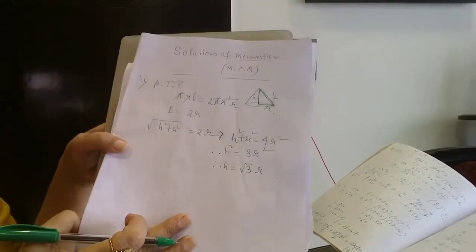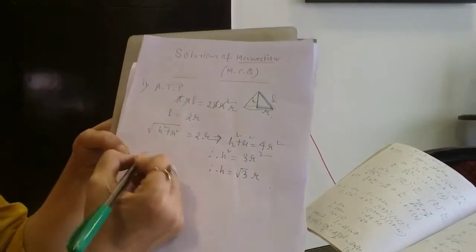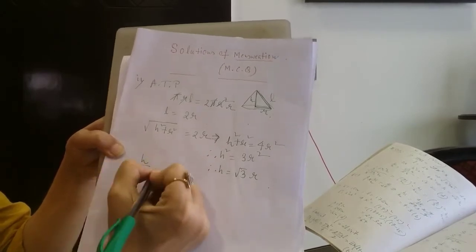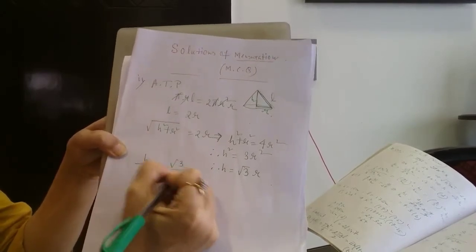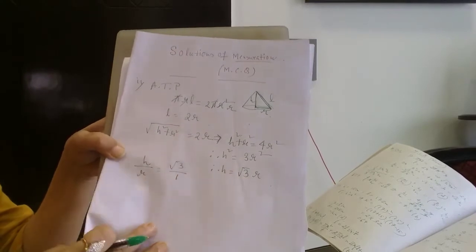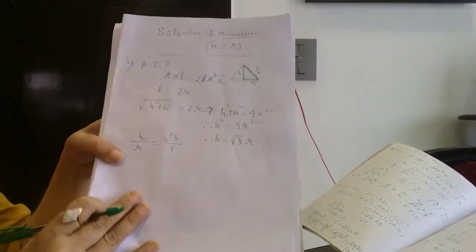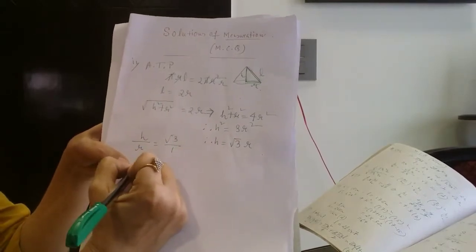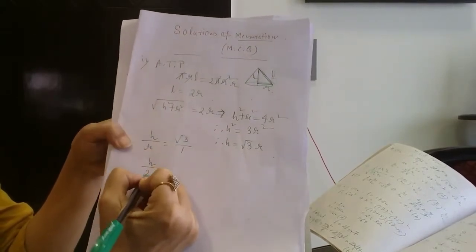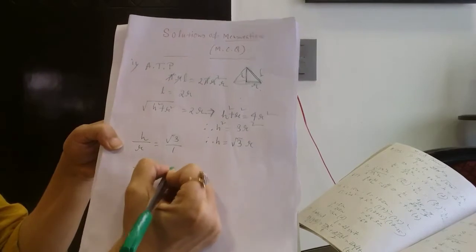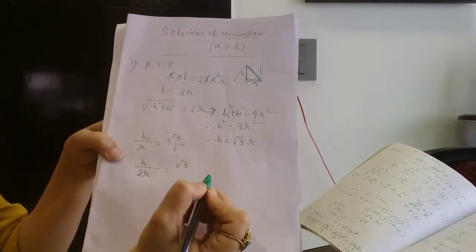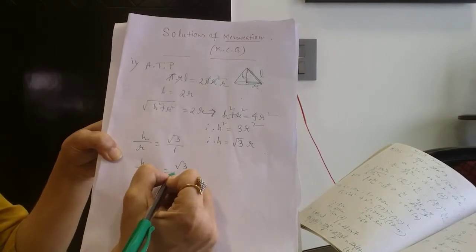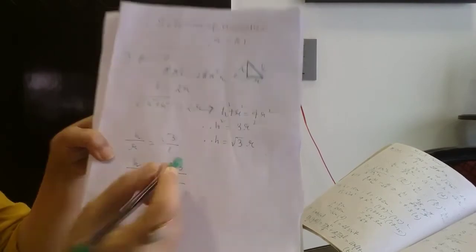Now what to calculate? Ratio of height and diameter. From here what have we got? H by R equals root 3 by 1. But you have to find the ratio of height and diameter. Diameter means 2R. Therefore H by 2R is the ratio of height and diameter, and on this side you multiply the denominator by 2.